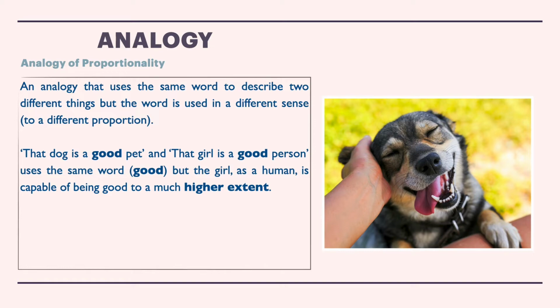Now, when we apply this idea of proportionality to God, it helps us make the distinction, but keep the use of the analogy. In the same way that the girl is good in proportion to being a human, and the dog is good in proportion in so much as that he is a dog.